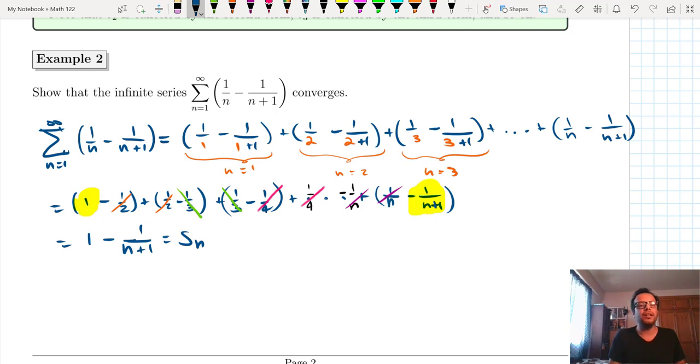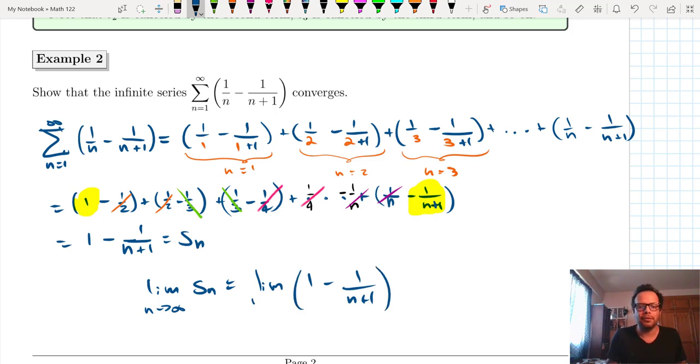Now let's find the limit of Sn as n approaches infinity. In this case, it will be the limit of 1 minus 1 over n plus 1 as n approaches infinity. And notice what happens if n is infinity.